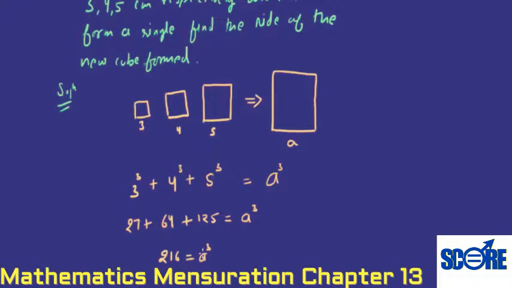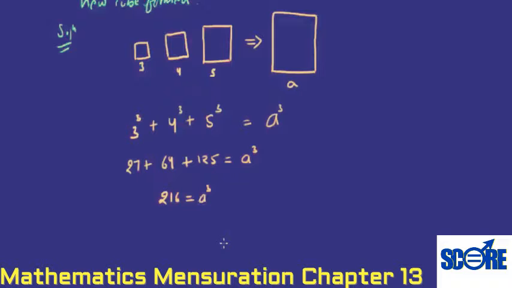And we know that the cube of 6 is 216. So the value of A is 6. Or we can say the side of the new cube is 6 centimeter. So this is our answer. The side of the new cube is 6 centimeter.